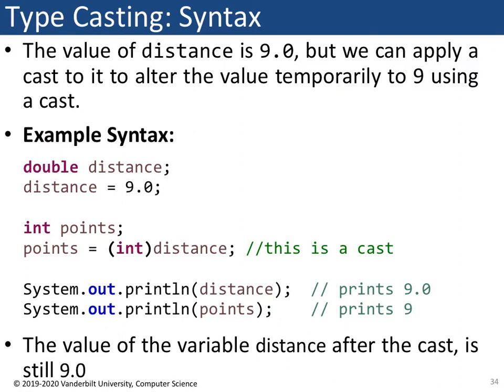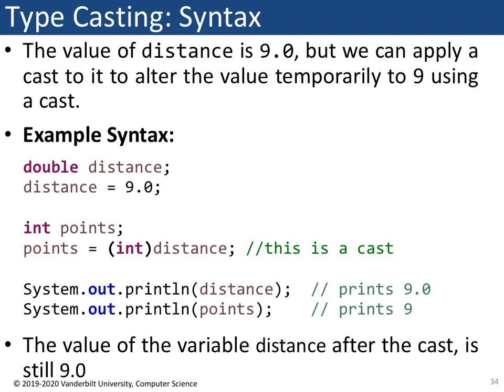So here we'll show an example of typecasting used to achieve the function we wanted to achieve. In the previous slide, we were trying to store the double value stored in distance into the integer variable points.